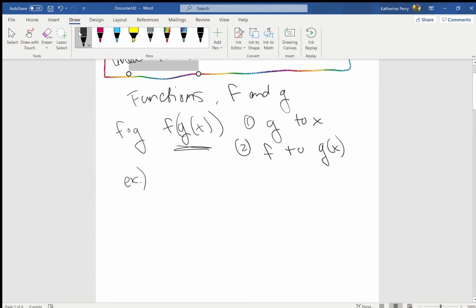So for example, let's say f of x is 5x and g of x is x squared.